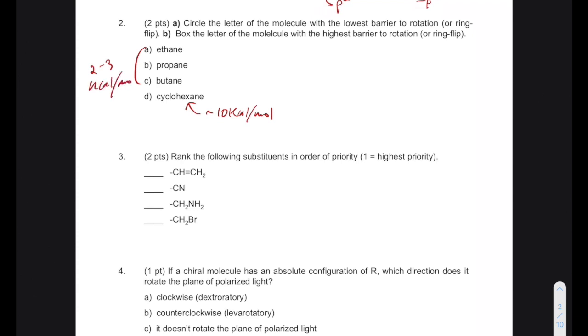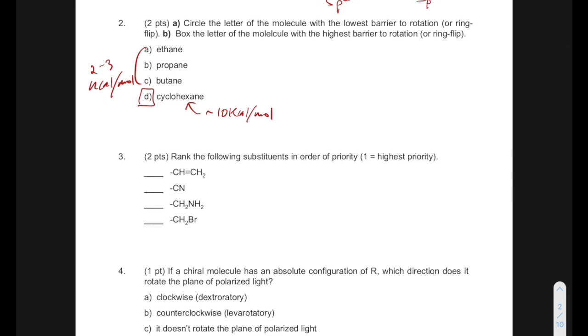This is definitely maybe not obvious just to people who were looking at this, but when I approached this problem, I immediately saw that there's a pretty significant difference in the energies between these. So I'll immediately box cyclohexane because chair flipping is a much higher energy process than just a rotational barrier.